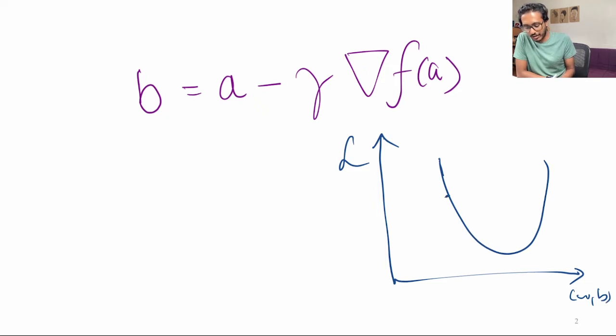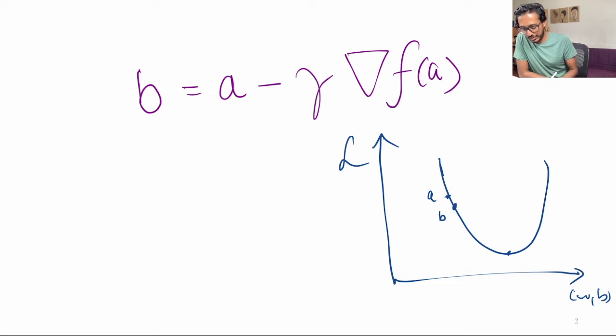Imagine we are currently at a, and we want to find the direction to reach the minimum loss. For the sake of argument, imagine we want to take tiny steps. So we want to find ourselves in this location. We are currently at a and we want to go to b. We want to move a little bit towards the ideal solution. So how do we do this?